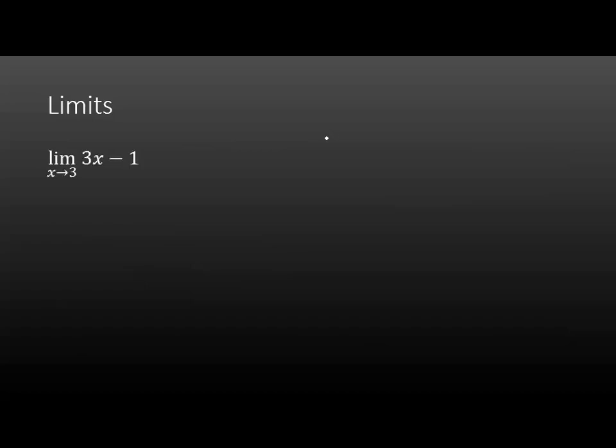Let's try this one. The limit of 3x minus 1. So let's start first with the left. Let me just say LHS, or left hand side. So we have our x values and we have our f of x values, or y values rather.